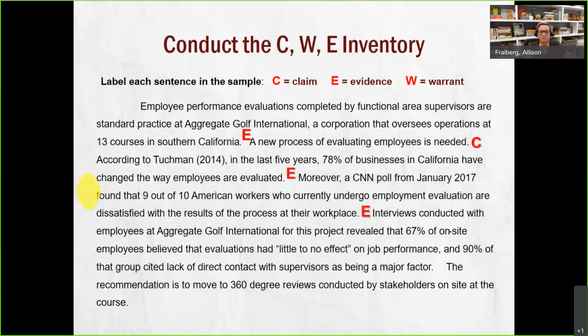That is evidence. And how you know that is right here, a CNN poll. That's a survey. So all I'm doing here is reporting on the survey results from CNN. How I interpret those results would be a warrant that might lead to the claim. But let's see if I do that here.